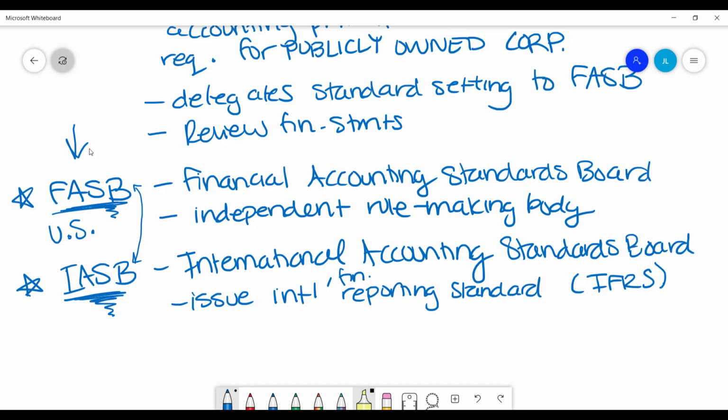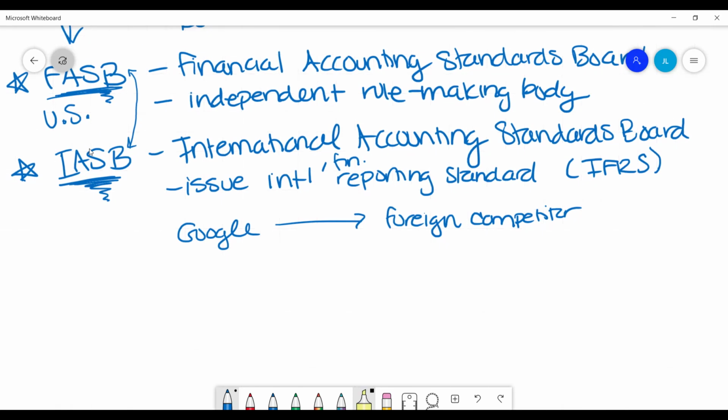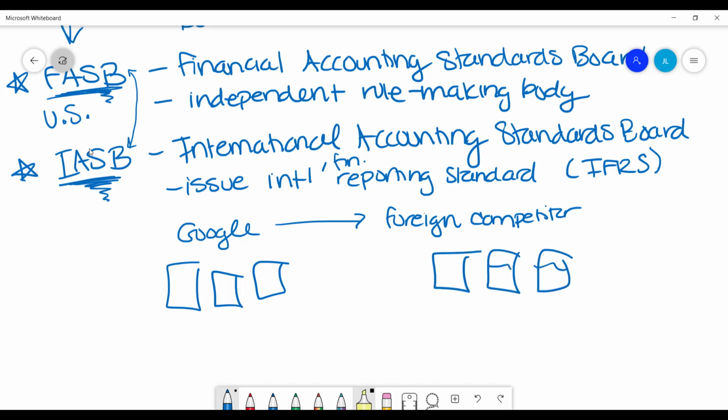Let's say you're an investor, for example, and you're wanting to compare Google, right? You're trying to figure out what to invest in. You want to compare Google to a foreign competitor of Google. Okay. Well, I can look at both companies' financial statements, right, to help make a decision on which one I maybe want to invest my money in, right?